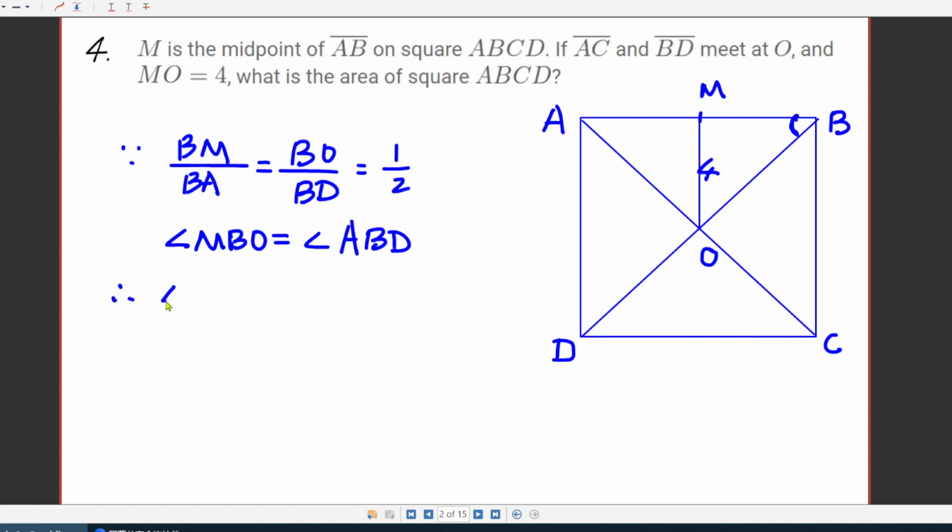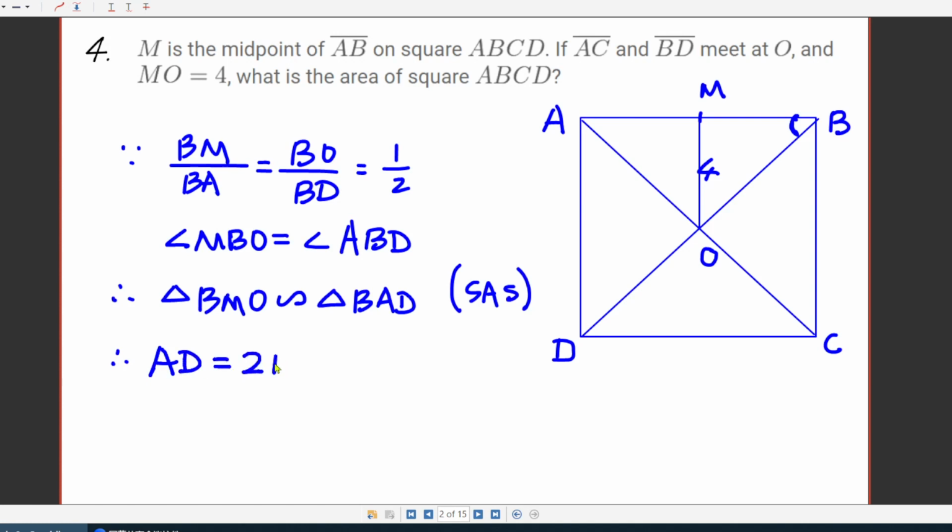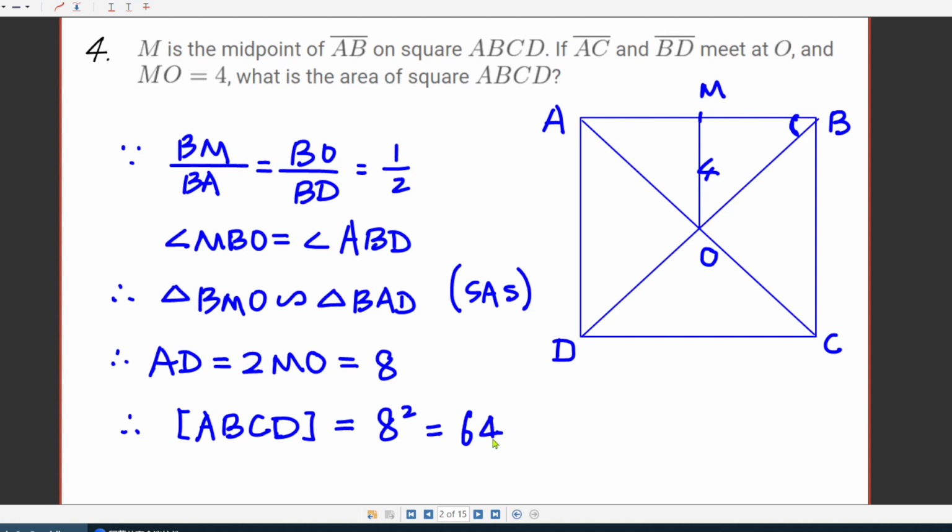And therefore we know triangle BMO is similar to triangle BAD by SAS similarity, right? And therefore we know AD must equal 2 times the length of MO, which is 8, right? And therefore we know the area of the square ABCD should be 8 squared, which is 64, right?